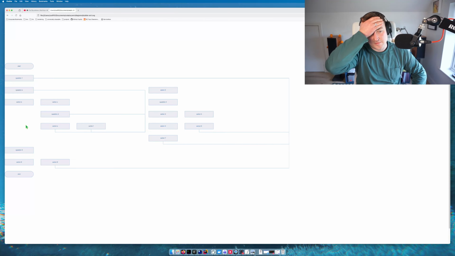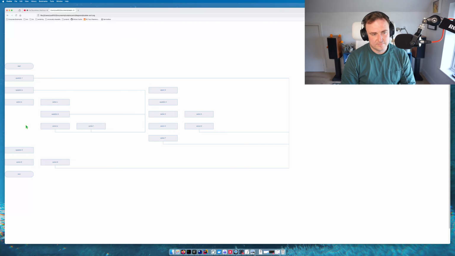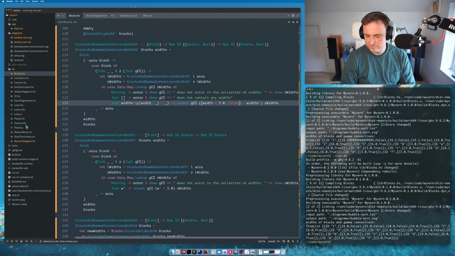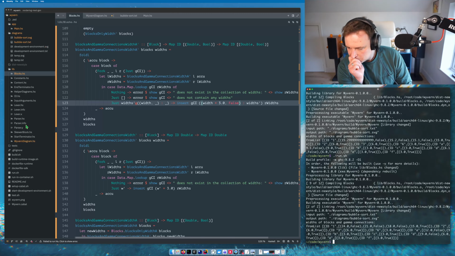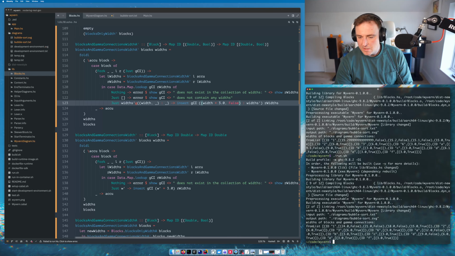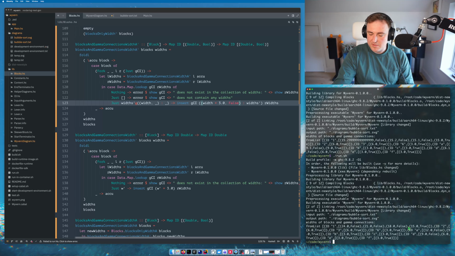Where's the other 6 coming from? Oh, because there are still 3 connections leading to it.